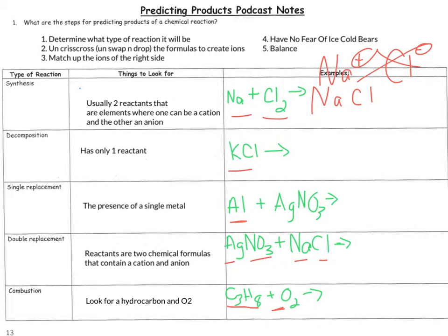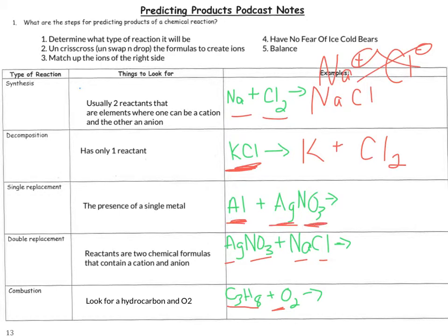Now, a decomposition reaction, the only thing that compound can do is come apart into its counterparts, potassium and chlorine. So I know it's going to be a decomposition. But one thing I've got to make sure of is have no fear of ice-cold bears. Chlorine will be diatomic.